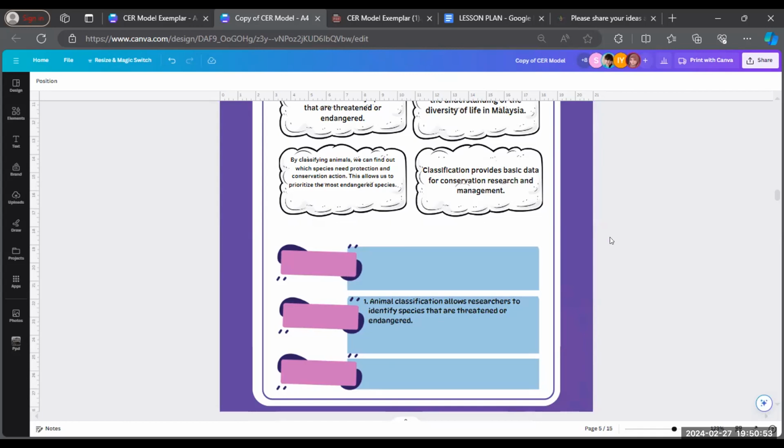So it's already 10 minutes, I think. After this activity, I will ask my students, as a representative team, to do the presentation, or maybe do some sharing about their findings.